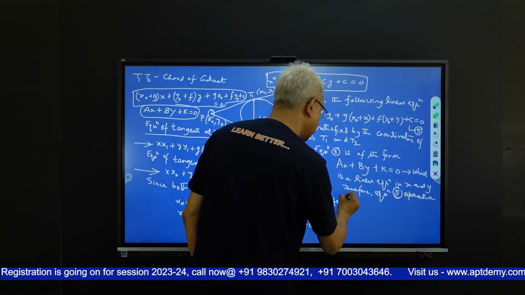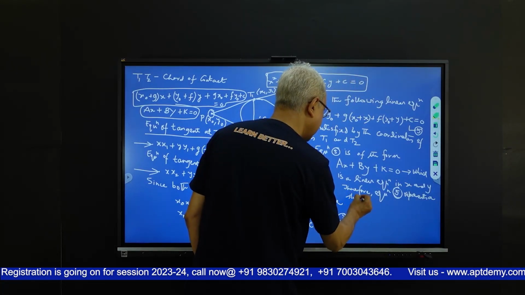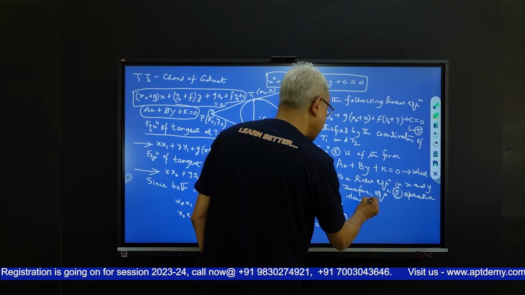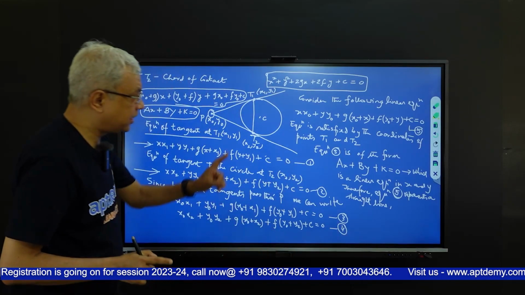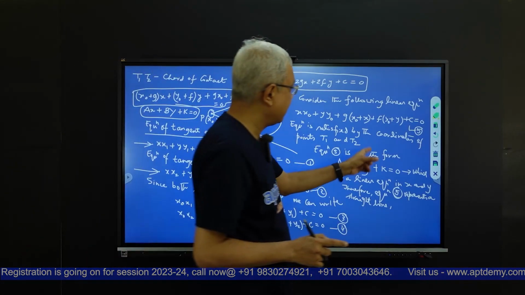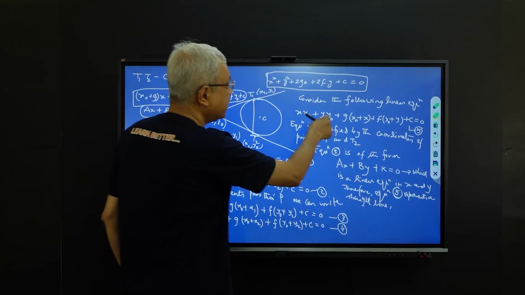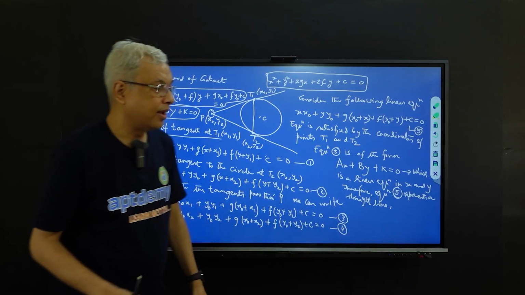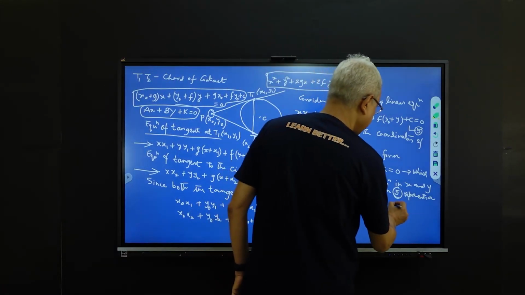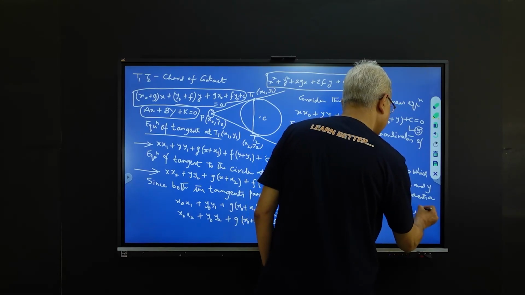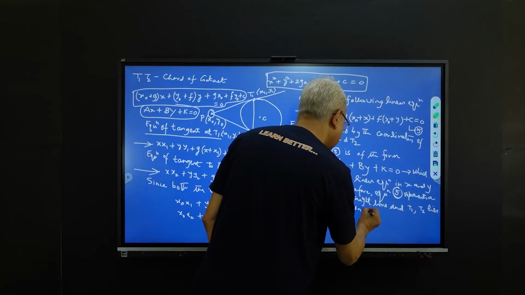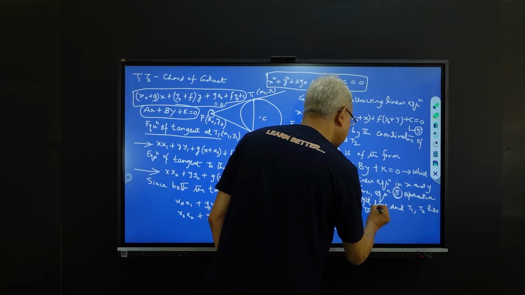And not only that, this straight line is satisfied by the coordinates of T1 and T2, and T1, T2 lie on that straight line.